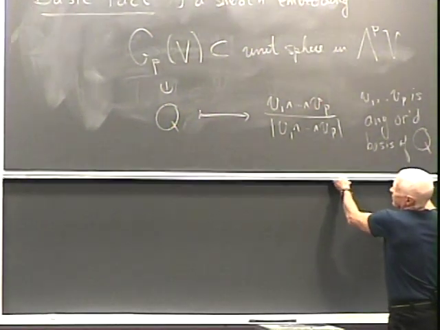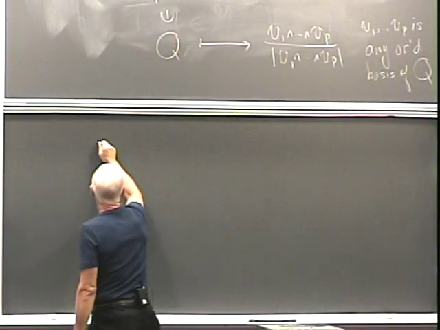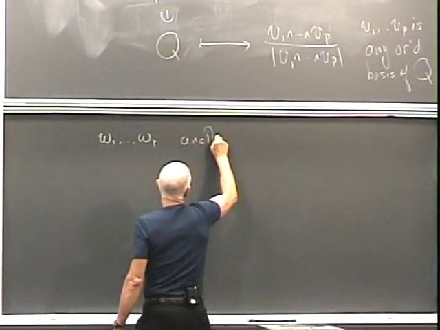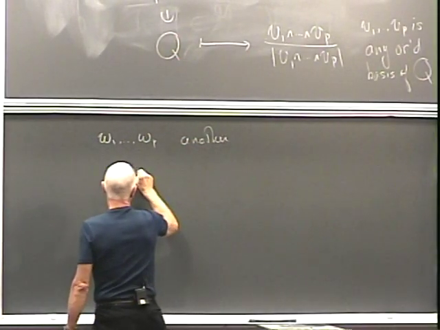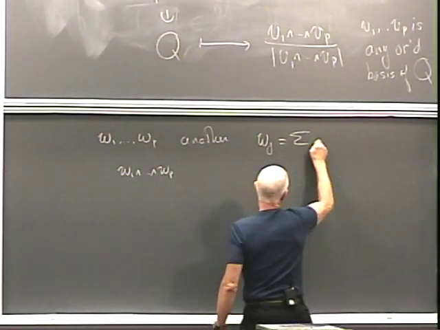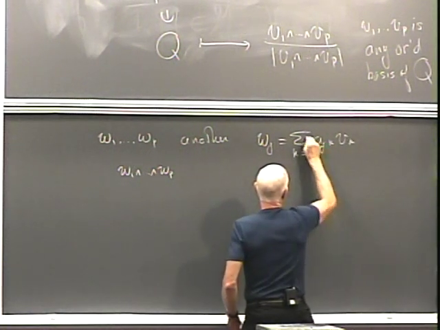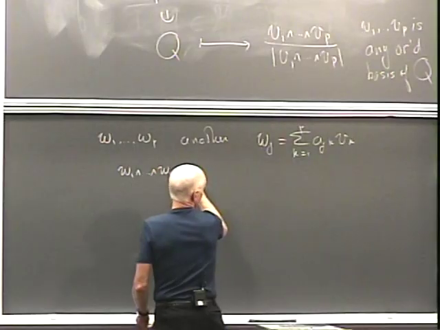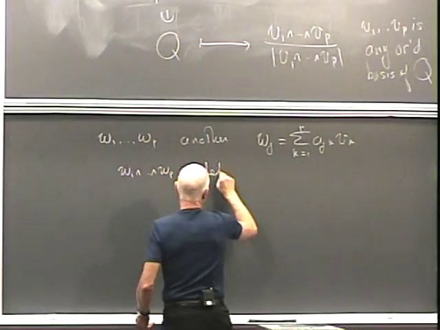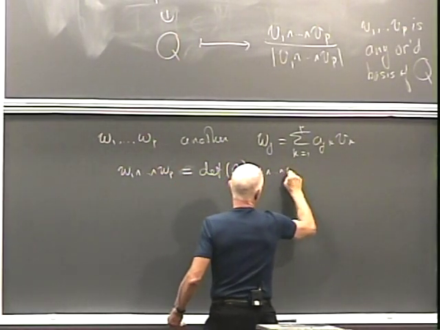Now if you choose another such basis, w_1 through w_p, then each w_j is a certain sum of a_jk v_k, k equals 1 to p. If you call this matrix capital A, the wedge product is just the determinant of A times v_1 up to v_p.